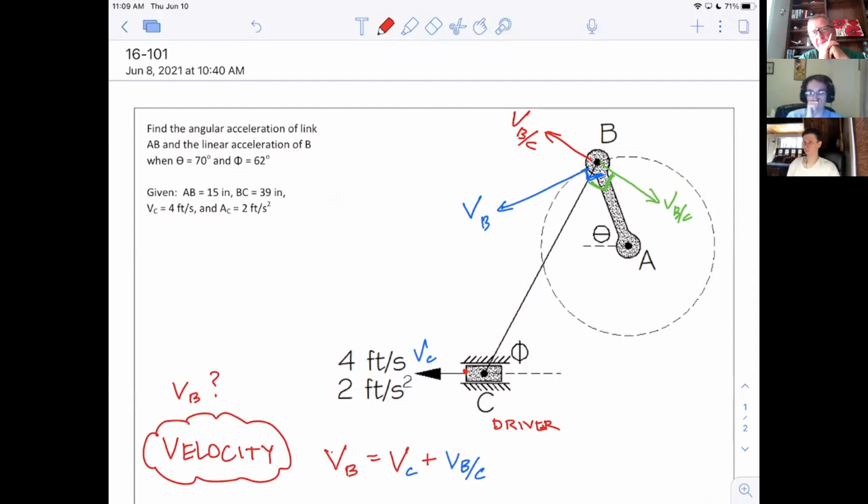Yeah, but remember that VBC is at some angle. That's the problem with these questions: it's at some angle and you've got to multiply it by the cosine of 39 degrees or 70 degrees or 62 degrees. If you don't have it drawn in the picture correctly, you might get that wrong, because notice the red one is going up and to the left, which means X is negative, Y is positive.